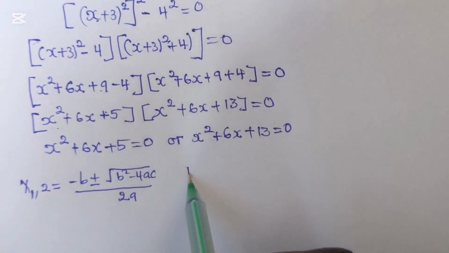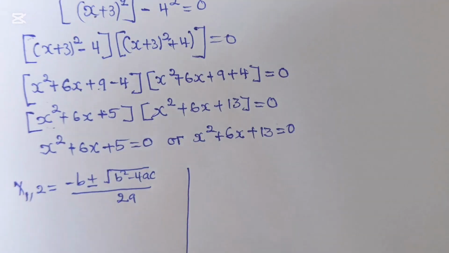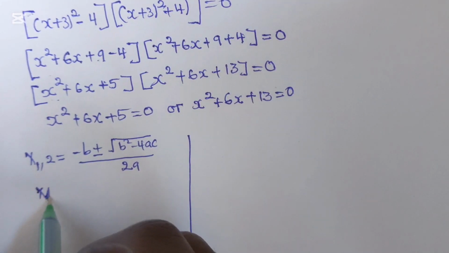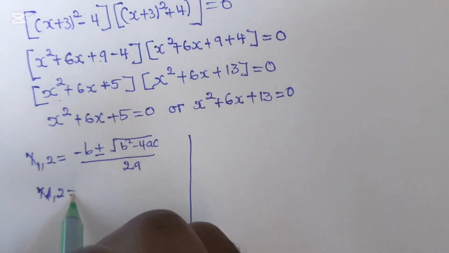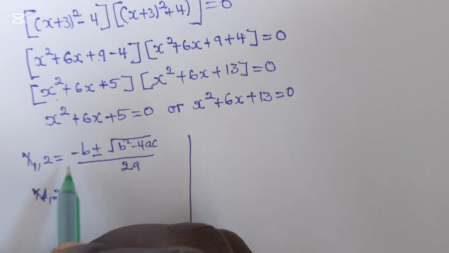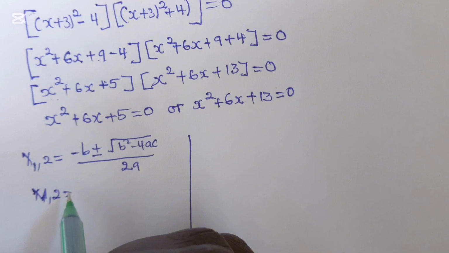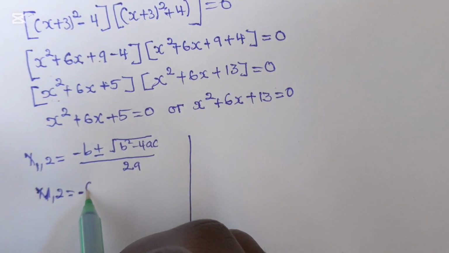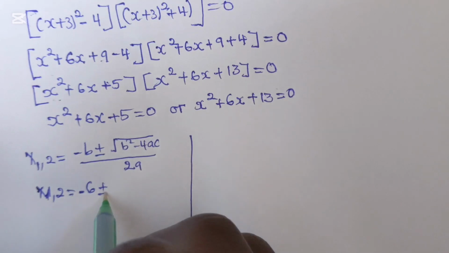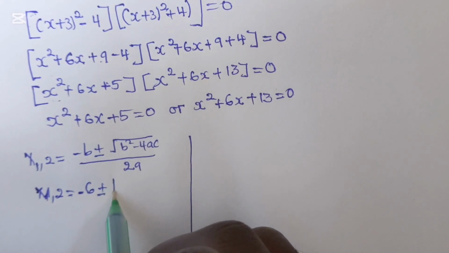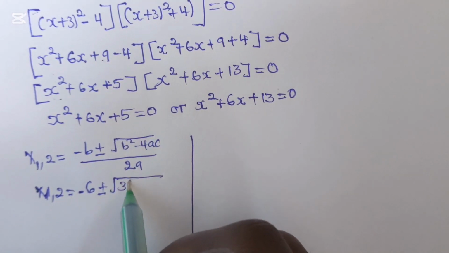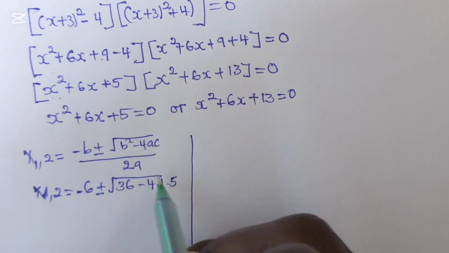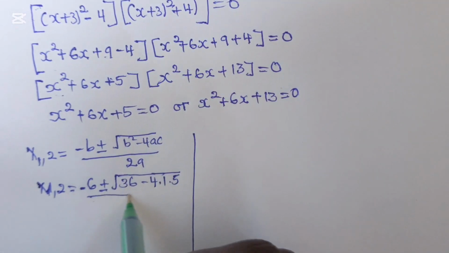Just separate them. Then our x1 and 2 will be negative b, which is negative 6, plus or minus the square root of 36 minus 4 times 1 times 5, then over 2.